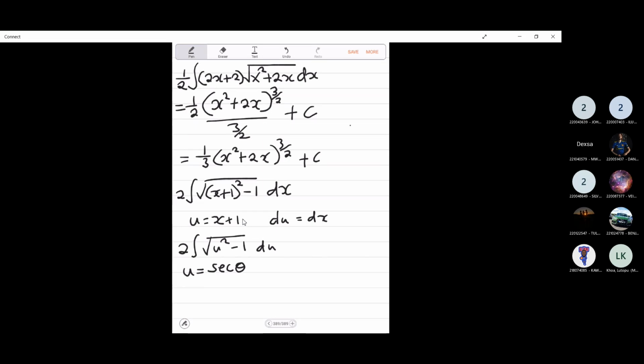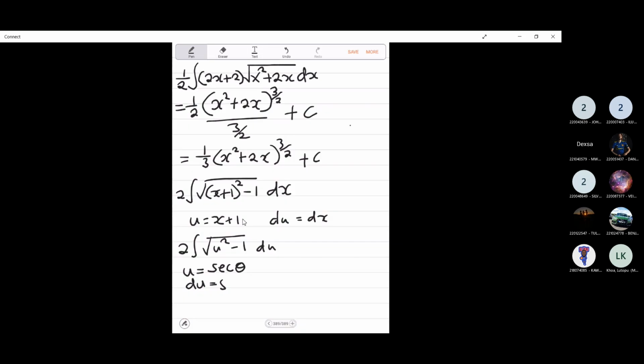And this means that du is sec theta tan theta d theta. Okay, so now integrate.